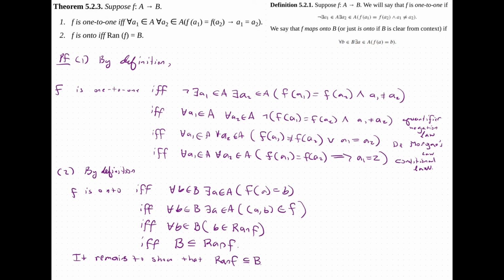But now, by definition of range, we have that the range of F is the collection of all B in B such that there exists an A in A with F of A being equal to B. But then the range of F is automatically a subset of B since it's composed of elements of B. And since this is the case, now we have the reverse containment.